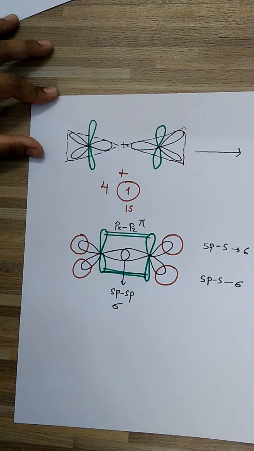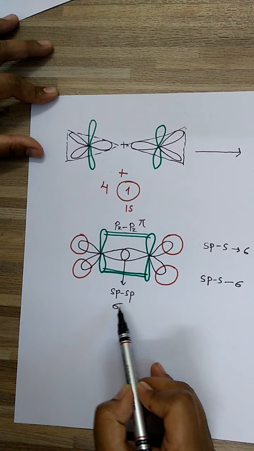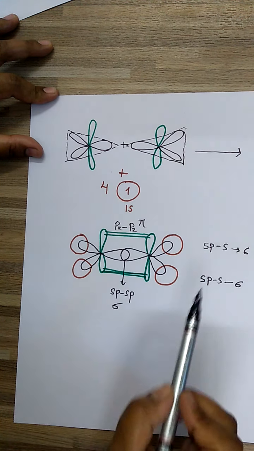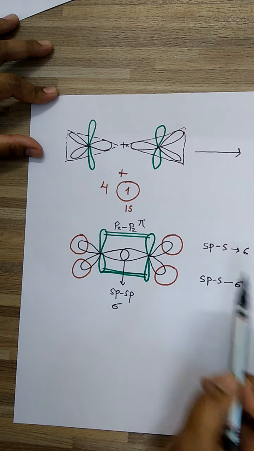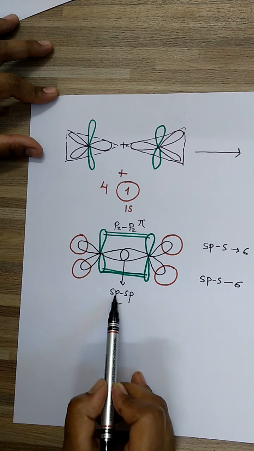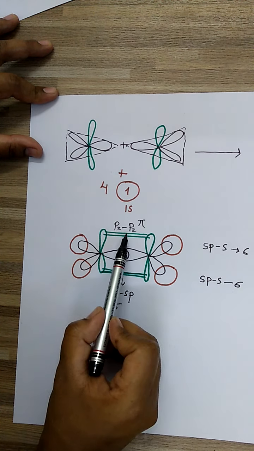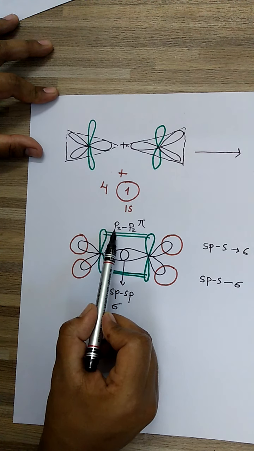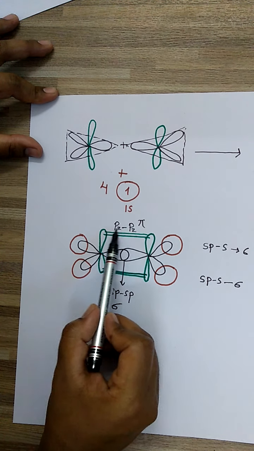So each carbon atom is making 3 sigma bonds by the overlap of sp2-s orbital, sp2-s orbital, and sp2-sp2 orbital, and 1 pi bond by the overlap of pure p orbitals.